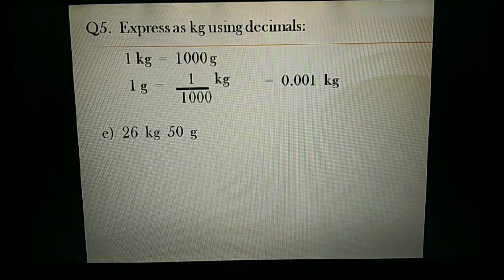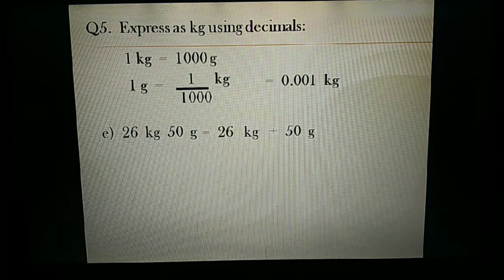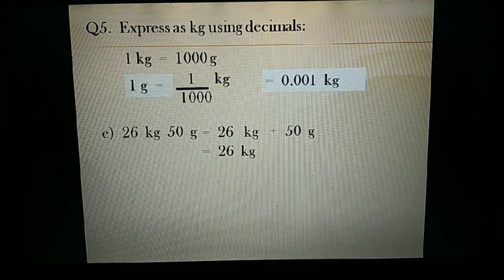Next, it's 26 kg, 50 gram. Again, we can write it as 26 kg plus 50 gram. First one is already in kg. To convert the second one, we will use the formula and put a point after 3 digits from right. Here, 2 digits are given to you. To make it 3, you will put 0 to the left. And this will be your answer in kg.